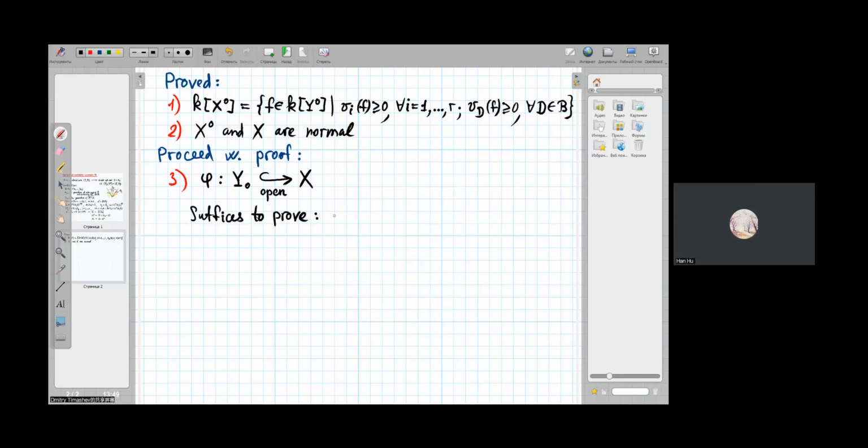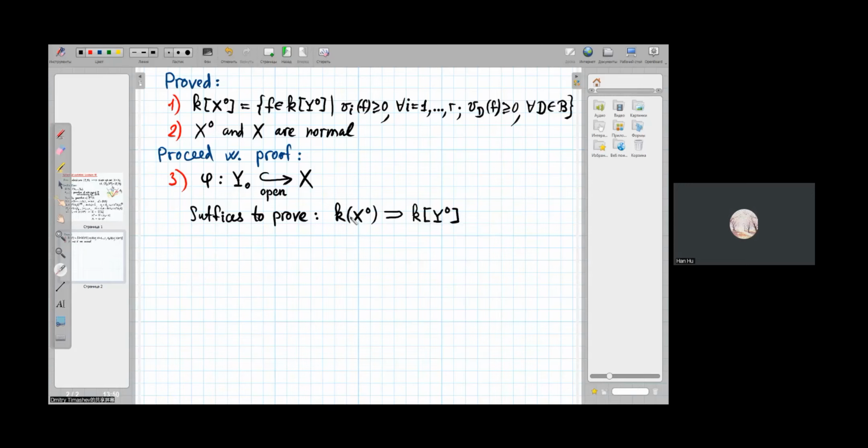that the field of rational functions on X, or which is the same thing on X upper knot, contains the algebra of regular functions on the orbit Y upper knot. Formally speaking, maybe I should be more precise.